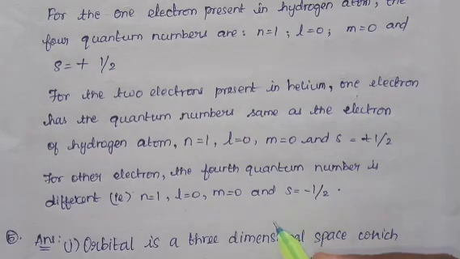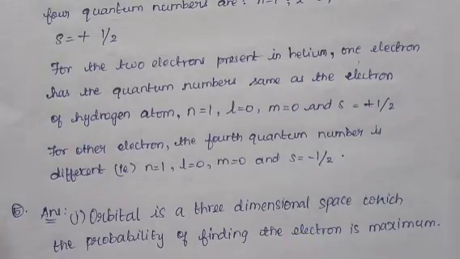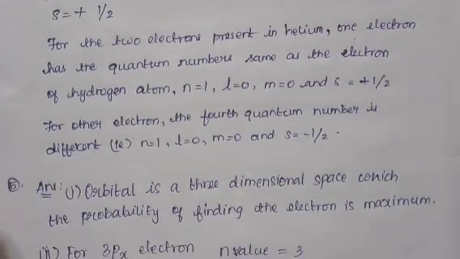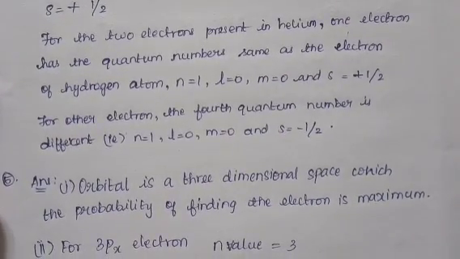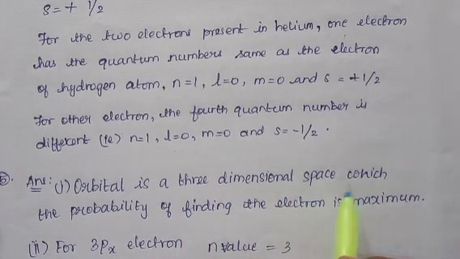Next, fifth question, define orbital. What are the n and l values for 3px and 4dx2-y2 electrons? So the answer is, orbital is a three-dimensional space in which the probability of finding the electron is maximum.